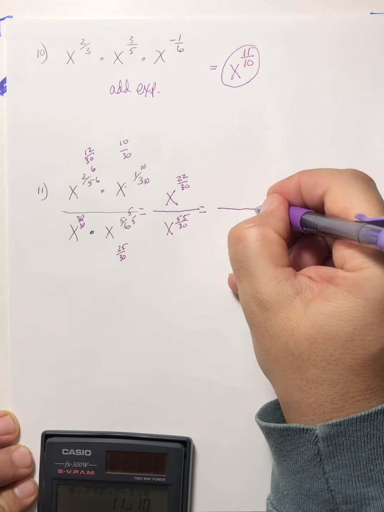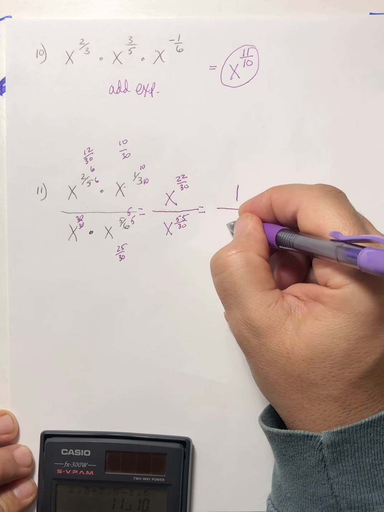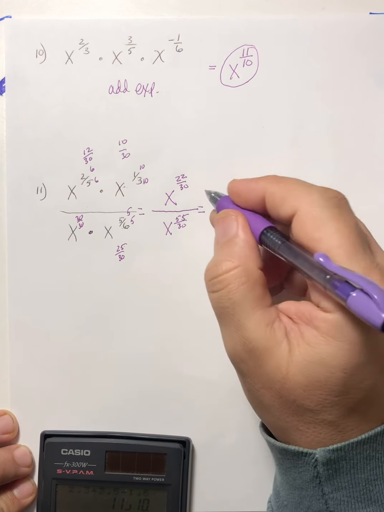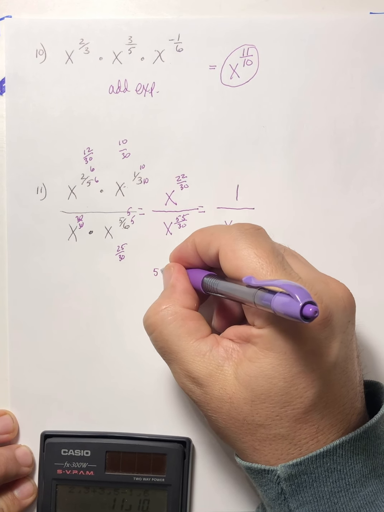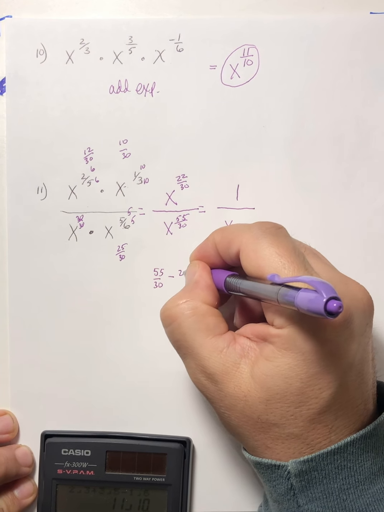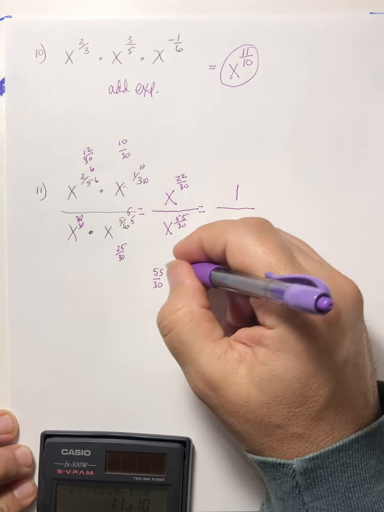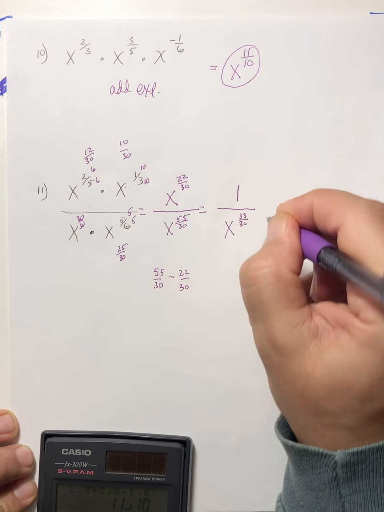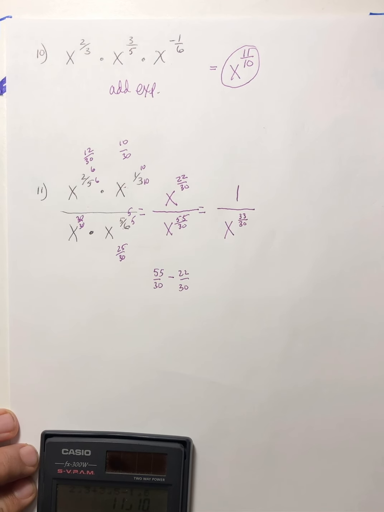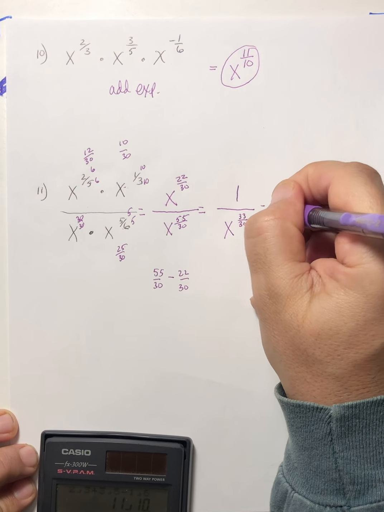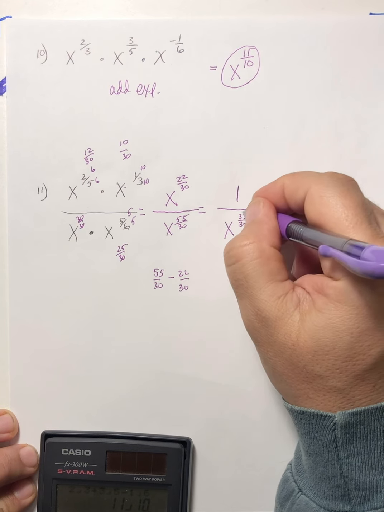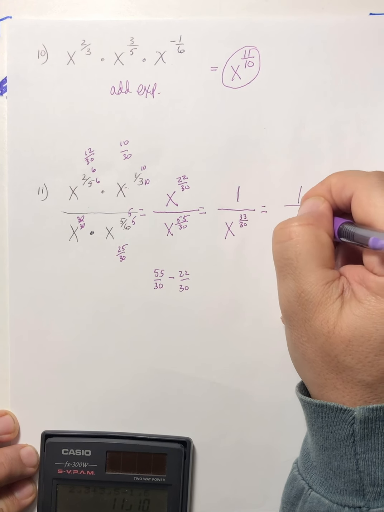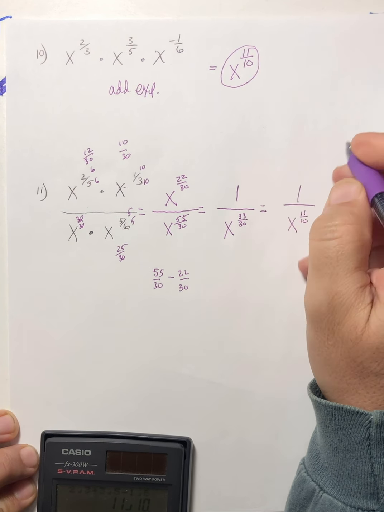So it is going to be 1 on top, then we have x in the denominator. So then we have 55 over 30 minus 22 over 30, so that is 33 over 30. Okay, now you just have to reduce our fraction. So it's 1 over, right, we can divide everything by 3, 11 over 10.